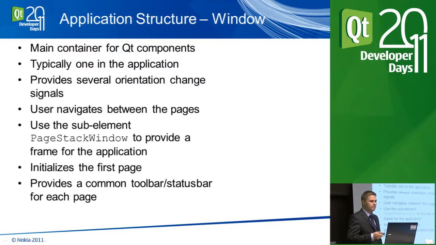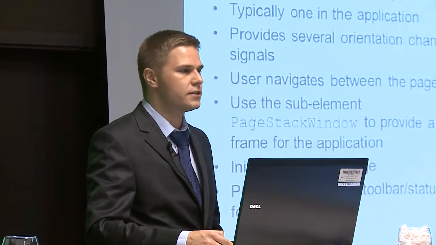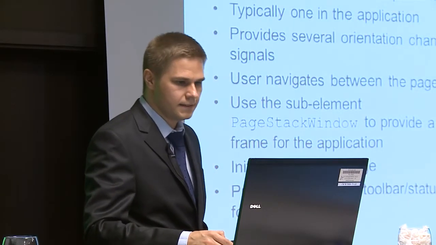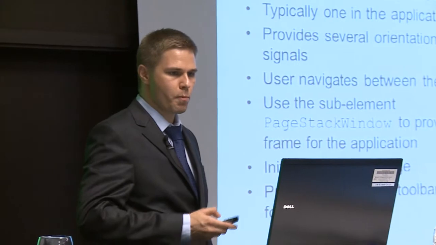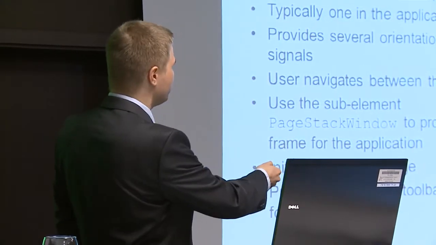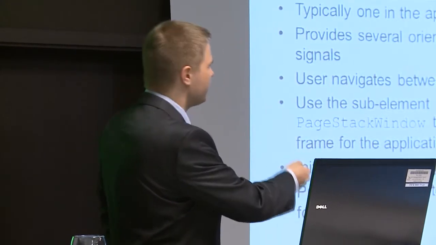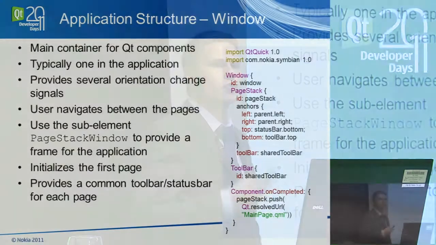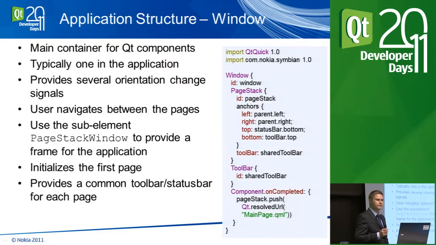Okay. When we define our window, we can use things like page stacks to implement a mechanism for showing different pages. So we divide our application to separate views, known as pages.